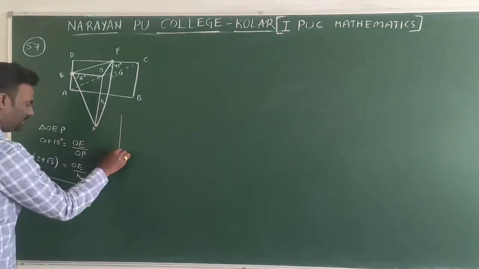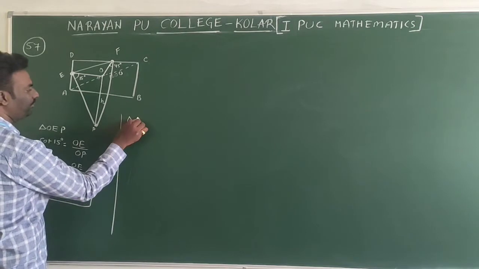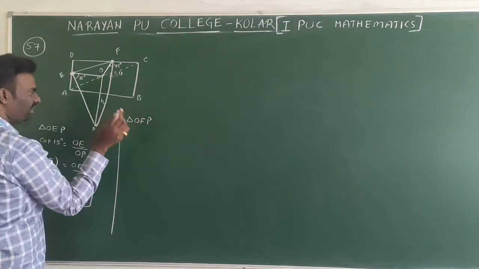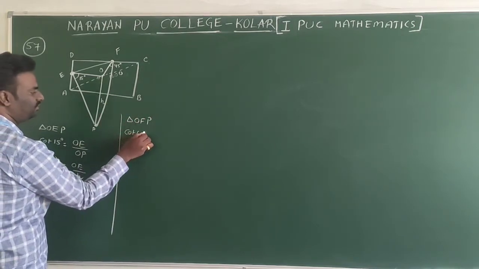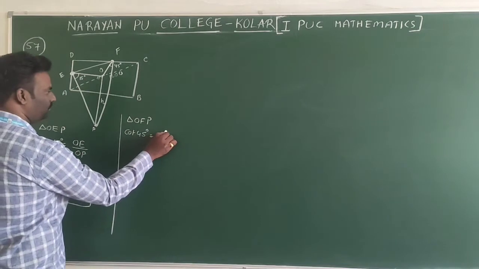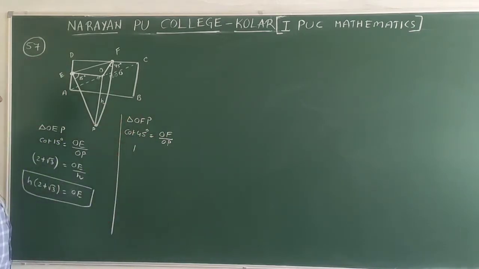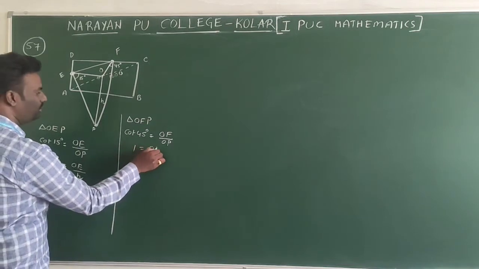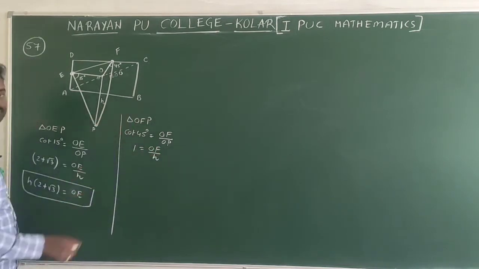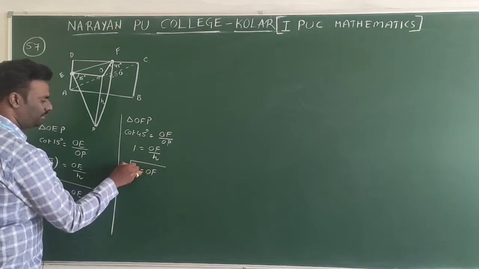Similarly, you take another triangle, that is OFP. Here I can take cot 45. Okay, now adjacent side means OF by OP. It is 1, that is nothing but OF by H. Then cross multiply, H is equal to OF.